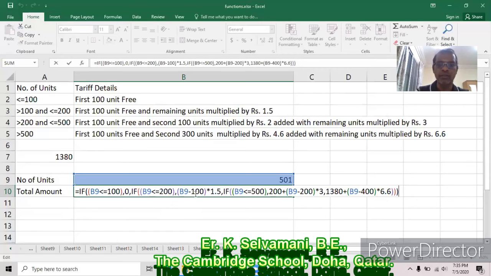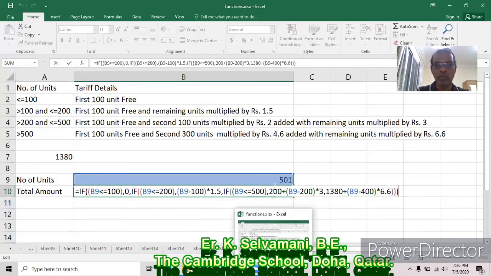Then the first 100 units should be free, so no need to worry. That is B9 minus 100. The remaining units should be multiplied by 1.5. Okay, that is the second part. If the condition is also false, it is considered the number of units recorded is more than 200, then it comes here. If the condition is true, it is considered the number of units is less than or equal to 500. That means the number of units lies between 200 and 500. We should go for the third slot.